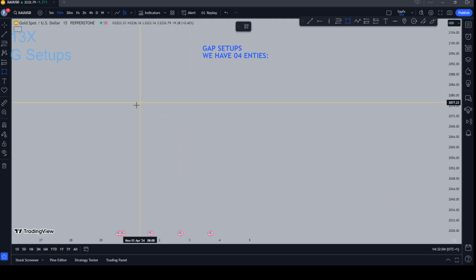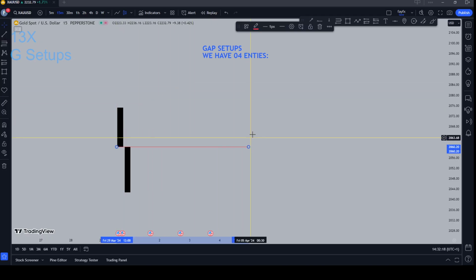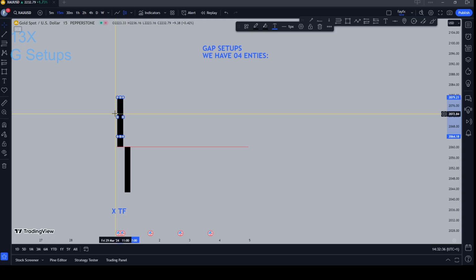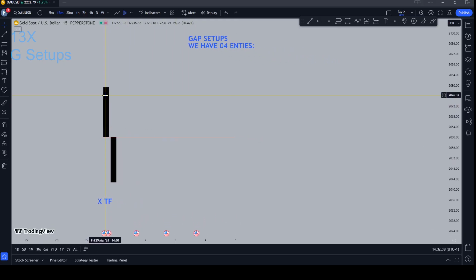So the first one is, imagine we have a bearish gap here. At next time frame, and when we go one time frame lower, what we're going to find?